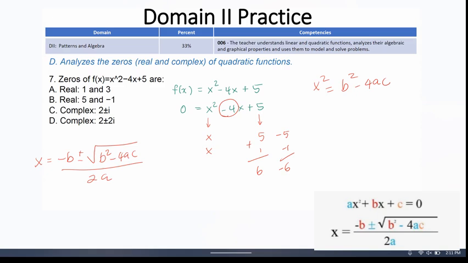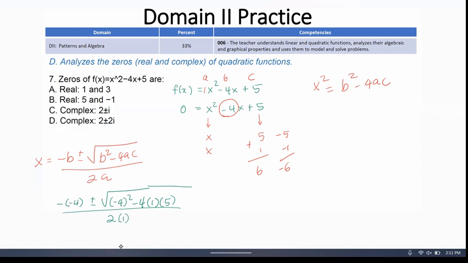This is my a, that's my b, that's my c. So I'm going to plug in here: negative b, and b is negative 4, plus minus the square root of negative 4 squared minus 4, my a is 1, my c is 5, all over 2a, 2 times a, which is 1.